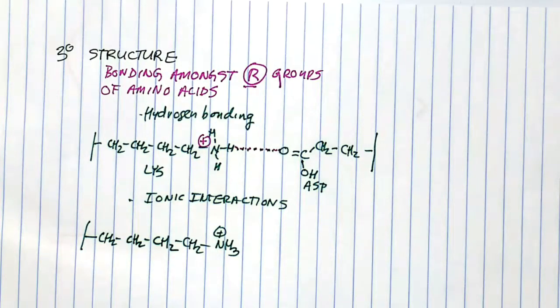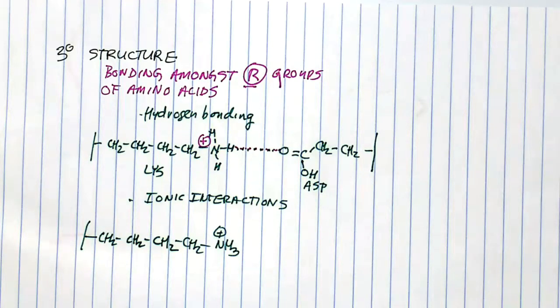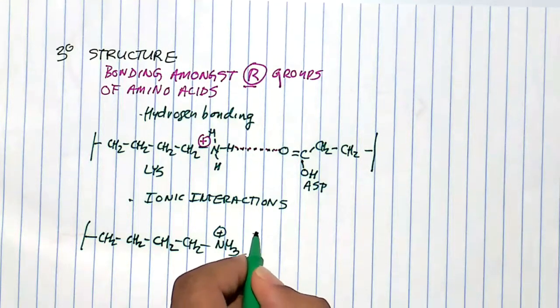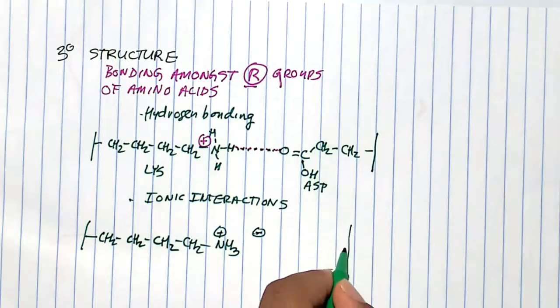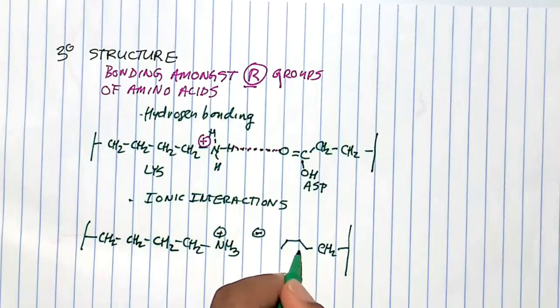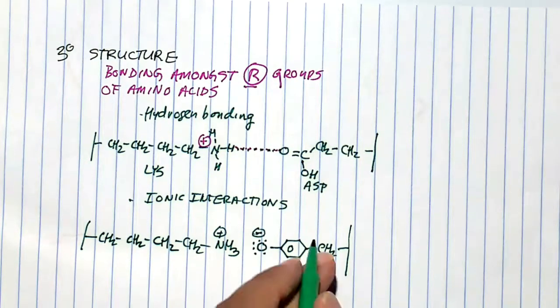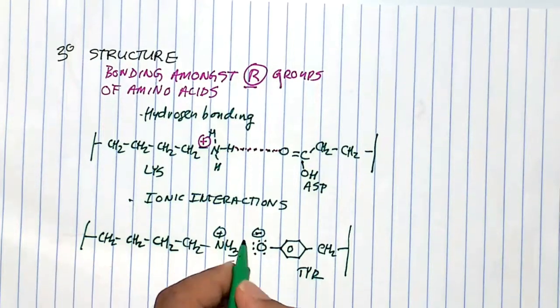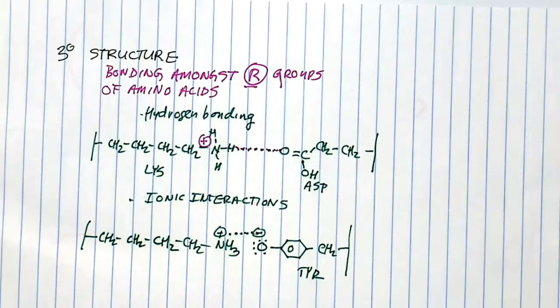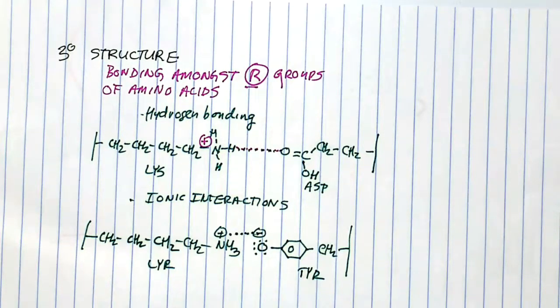That's a positive charge at physiologic pH, and it may interact with the negative charge of, I don't know off the top of my head, maybe tyrosine. Here is tyrosine, in which that proton of tyrosine has come off. So this is an ionic interaction between lysine and the deprotonated side chain of tyrosine.